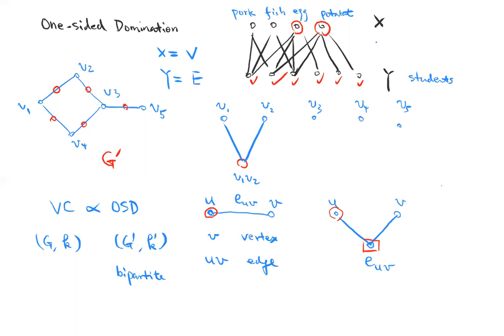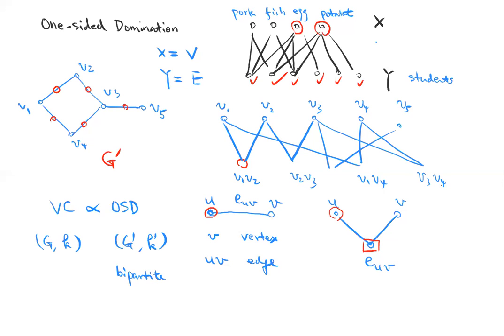Similarly V2, V3, and V1, V4, V3, V4, and V3, V5. Now see, that's a bipartite graph, and the vertex cover really becomes one-sided domination in this new graph.